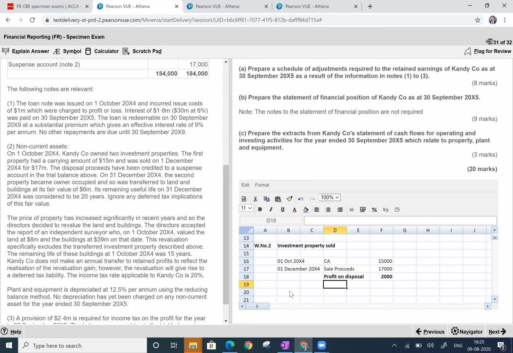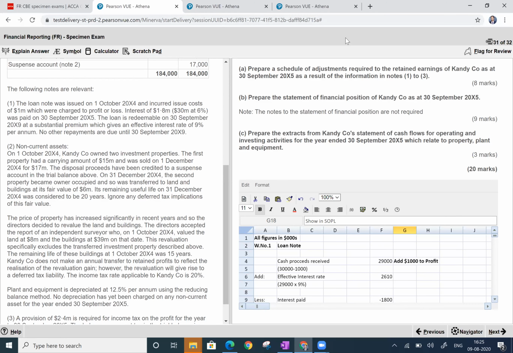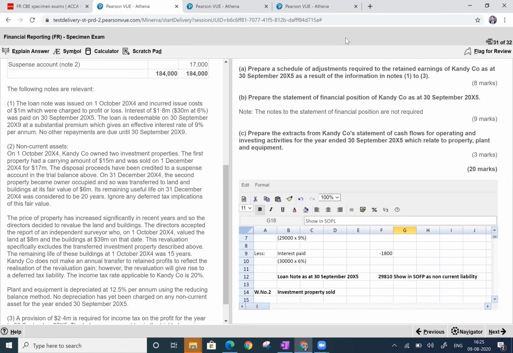Profit on disposal. How did you get this? 17,000 minus 15,000. What should you do? Very simple. Show in SOPL. But now listen, don't just write show in SOPL. You can write it, no issues, but the question is not to prepare SOPL.